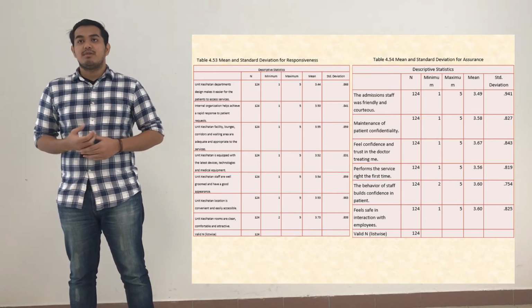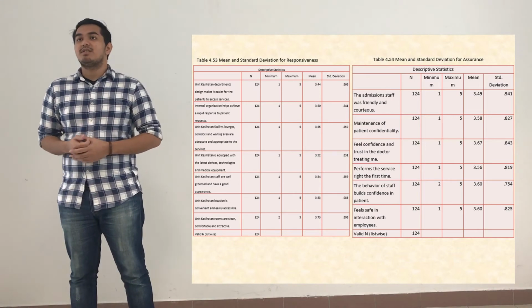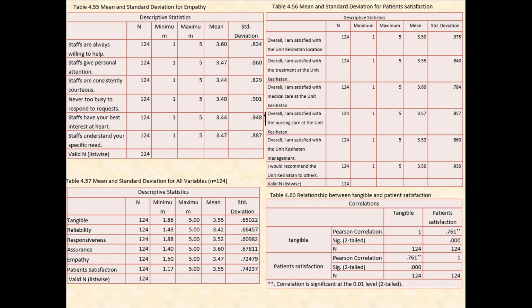Based on Table 4.54, the mean score for assurance is 3.6. Based on Table 4.55, the mean score for empathy is 3.47. Based on Table 4.56, the mean score for patient satisfaction is 3.55.